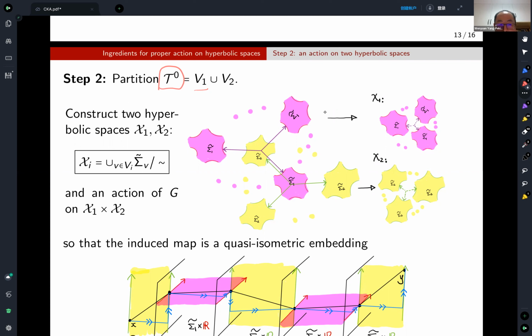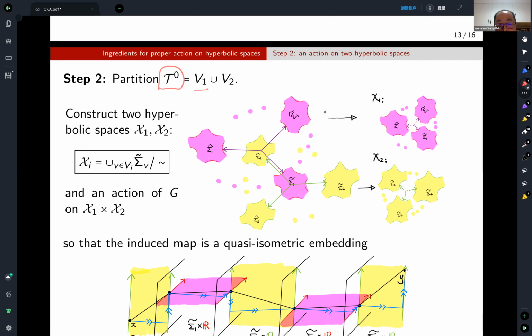Then we can construct these hyperbolic spaces because for each pair of neighboring vertex pieces, you have a hyperbolic convex subset.